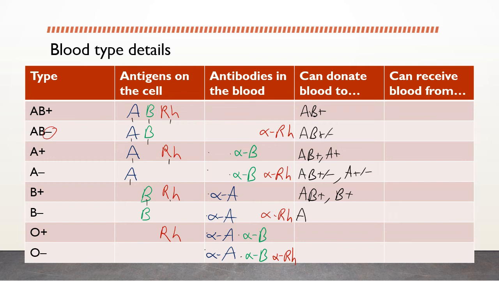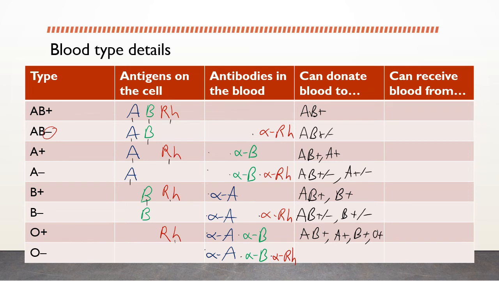So AB plus or minus and B plus or minus. And whose blood can we give O positive blood to? Anybody who doesn't have a red Rh antibody. So that would be AB positive, A positive, B positive, and O positive.